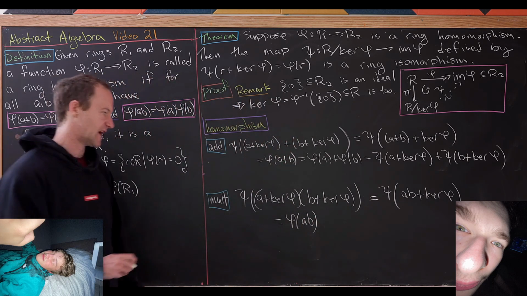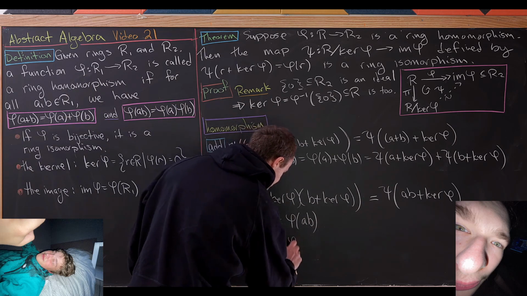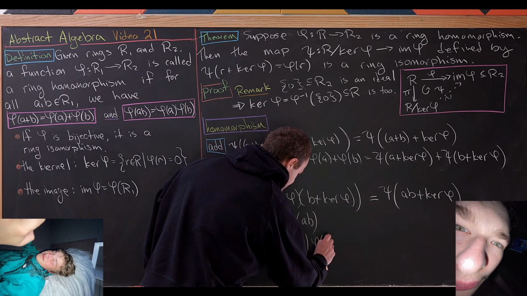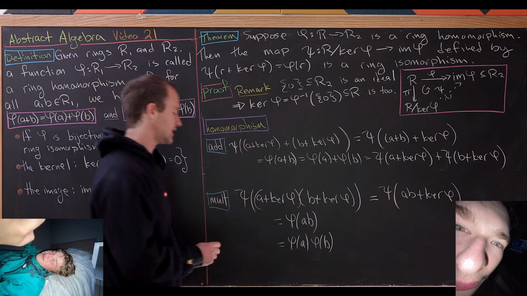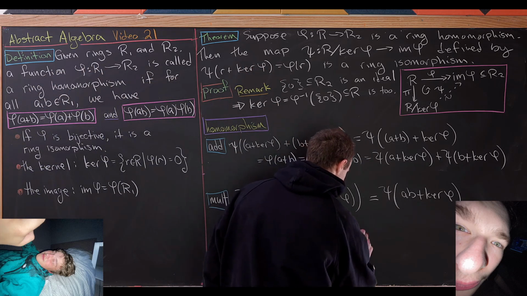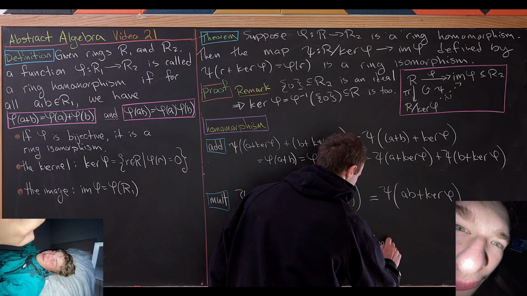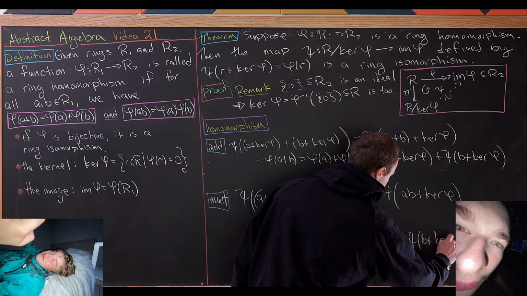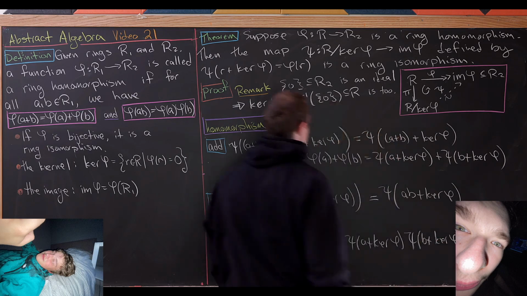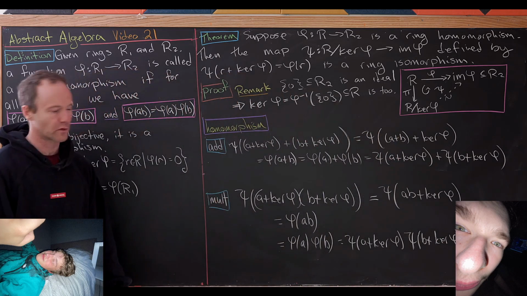But now we'll use the fact that phi is a ring homomorphism. That's phi of A times phi of B. But now we'll just take this equality in the other direction. So this is psi of A plus kernel phi times psi of B plus kernel phi. But that's exactly what we needed for this to be a homomorphism.